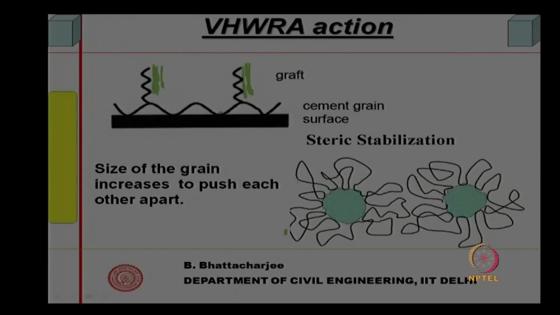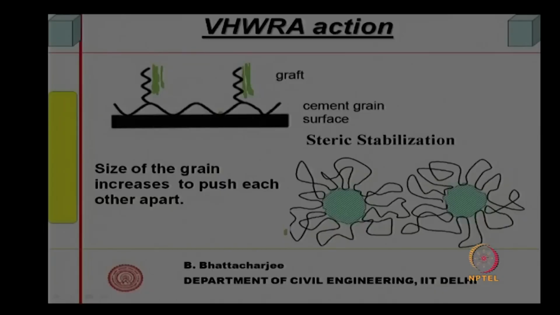Therefore, the action of PC based admixtures is not the negative repulsion; rather, it is largely the action of the grafted copolymer and the effective size increase. Because of the sheer size they push each other apart and are quite more effective. In any case, there is a sheath of negative charge here as well at the surface.